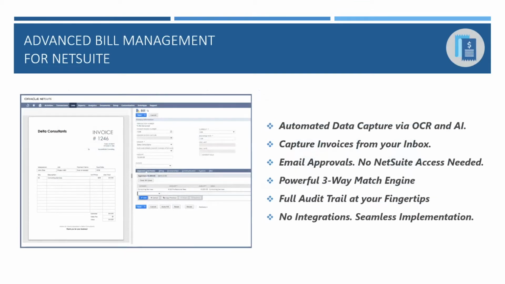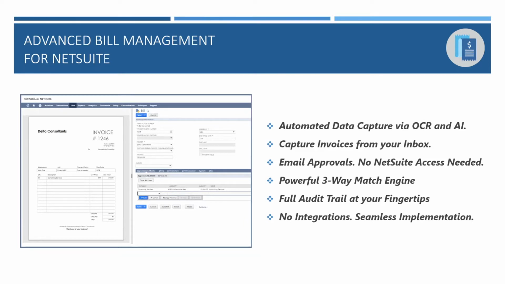Today, we'll be taking a look at advanced bill management. This native NetSuite bundle is changing the way NetSuite clients work with its invoice detail capture process. By enabling the most powerful OCR technology combined with artificial intelligence, the solution can autofill all of your vendor invoice details without the need to maintain OCR templates. And then your manual entry becomes significantly less, which we will see in Seth's demonstration. You can upload your invoices directly into NetSuite from your email box or by using a drag and drop feature.